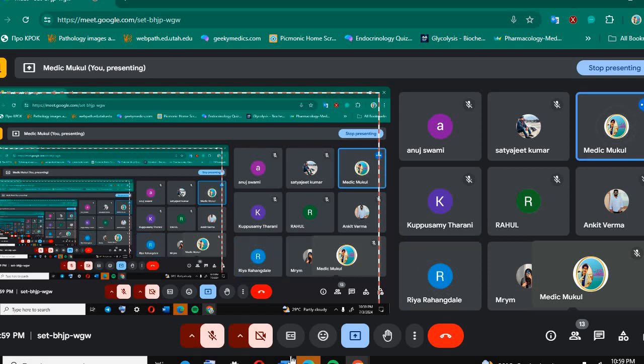Okay. Then Solomon, what is affected in type 2 frostbite? Satyajit, in type 2, what will be affected? Type 2 frostbite.